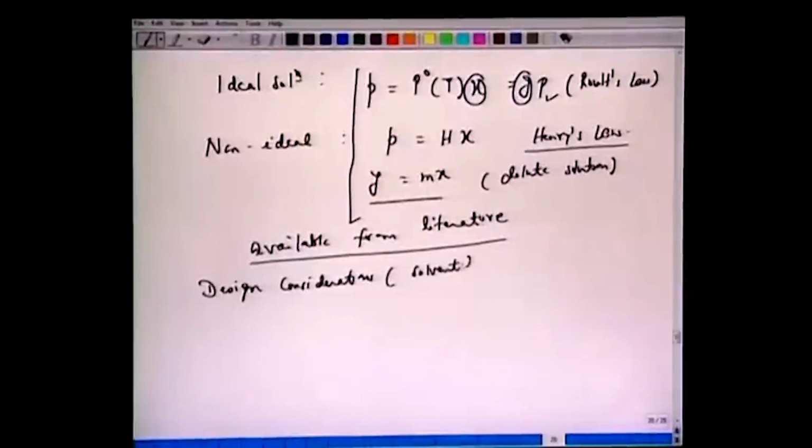So, choice of the solvent. Of course, the first is that the gas should have very large, significant solubility. So that's the first choice. If we choose water, we should have a very large solubility for sulfur dioxide or for ammonia. The second is volatility.